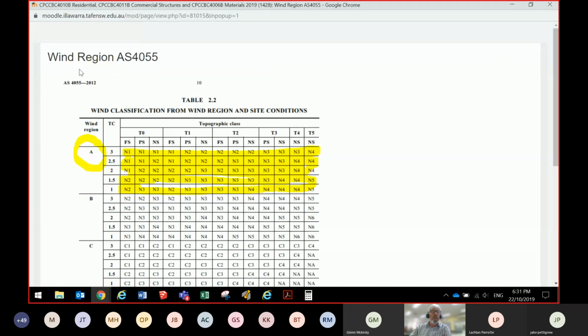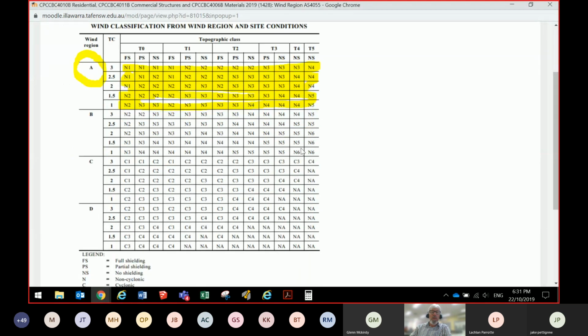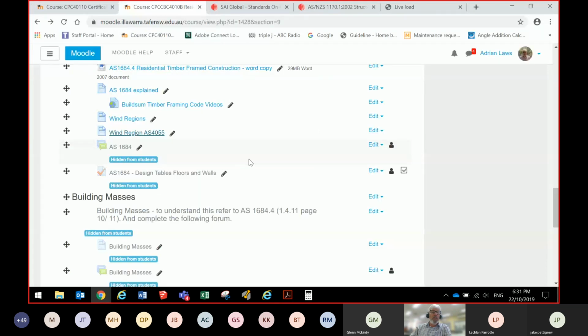In this particular case, once we go through our 4-step process, we're able to come up with an N number or a C number. So an N or C, might be N1 through to N6, or C1, 2, 3, 4, and that'll give us, when we have that N or that C, that's what we use when we go to our tables to be able to determine what sort of nails and what type of bracing is required.